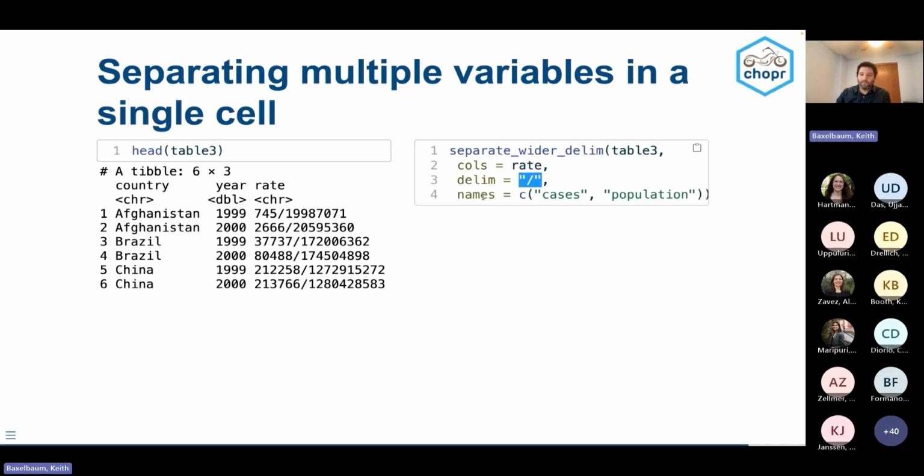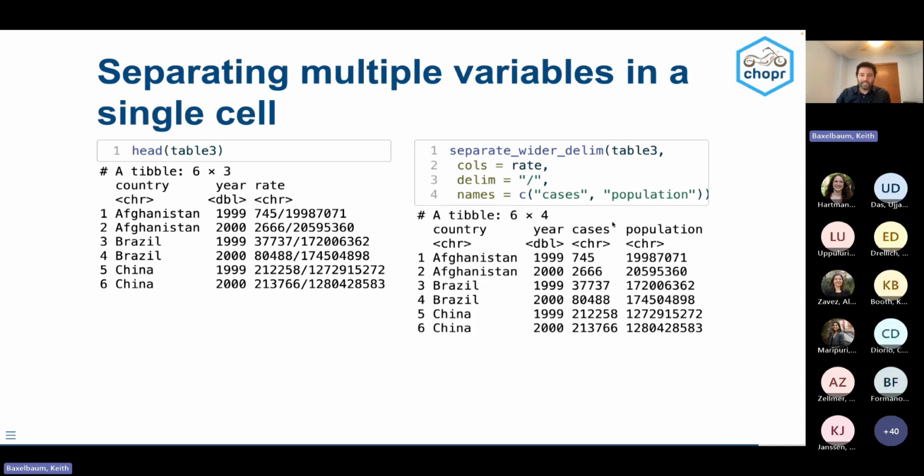And then we need to say, what do you want to name the new columns you're going to make? In this case, we're going to call them cases and population, right? Because the first thing you're going to find on the left side of the delimiter is cases, and on the right side of the delimiter is population. And if we do that, it splits it out for us. Again, it gets our data into that nice, clean, tidy format that we want.